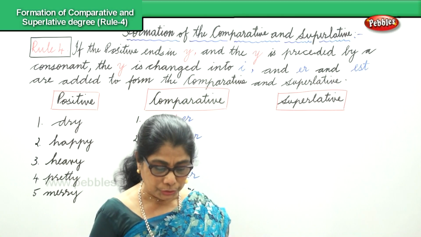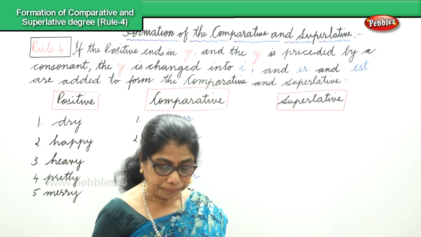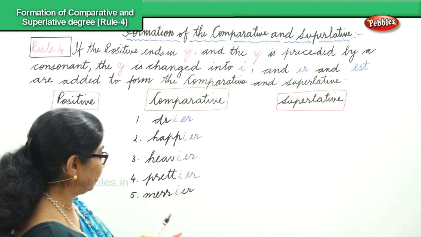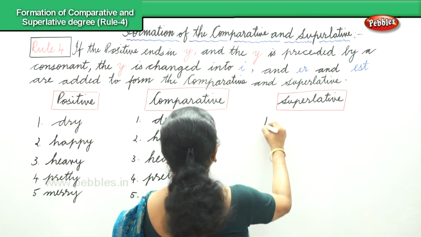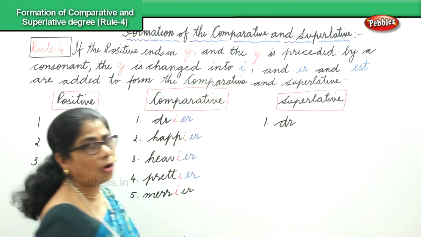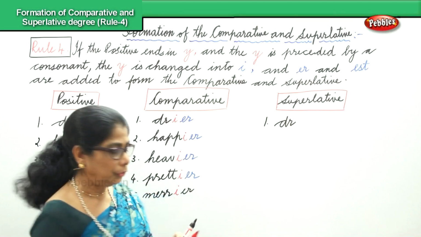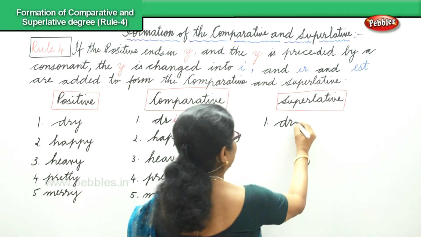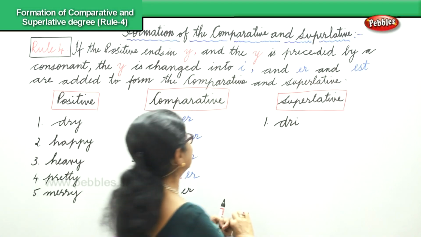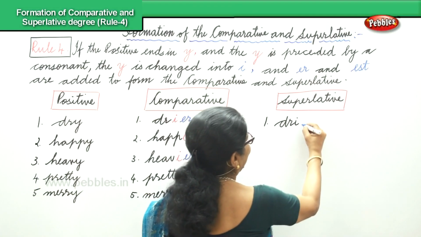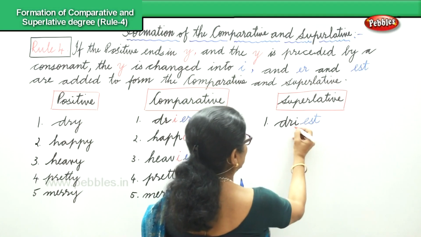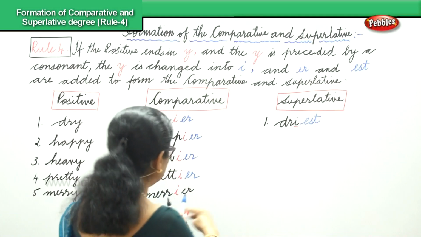Next we go into the last one. Here, EST is added. So, the first one is dry, and here you have already added I. You already added I, and then you add EST. Here, what are we adding? We are adding EST. And the second one, I is already added here, and then we go on.